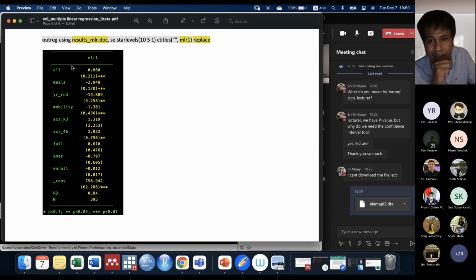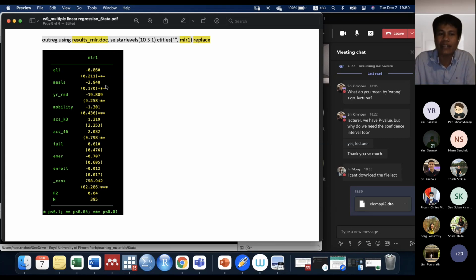First, earlier I told you that you need to look at the p-value, but now you don't have to. You just look at the star. The variable that has the star is significant at 1%. You see the note here: star 3, p-value less than 0.01. So quickly you see, the variable that has no star is an insignificant variable.